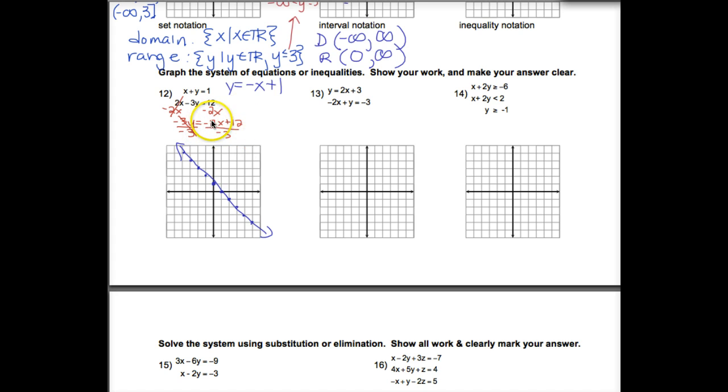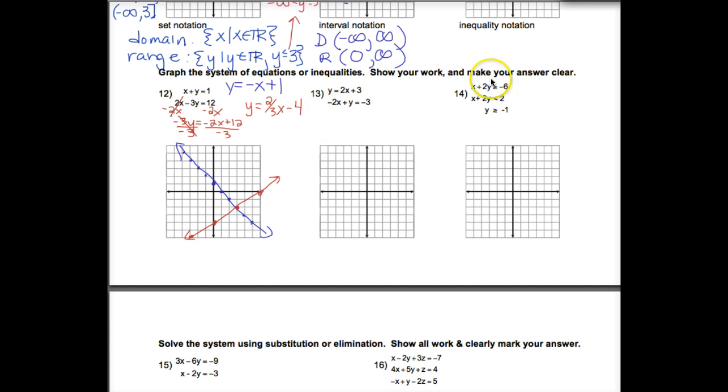Over on the right side, -2 divided by -3 is 2/3. So y equals 2/3 x. 12 divided by -3 is -4, so -4. So I start down 4, that's my y-intercept, and I go up 2, right 3, up 2, right 3, down 2, left 3, and there is my other line.